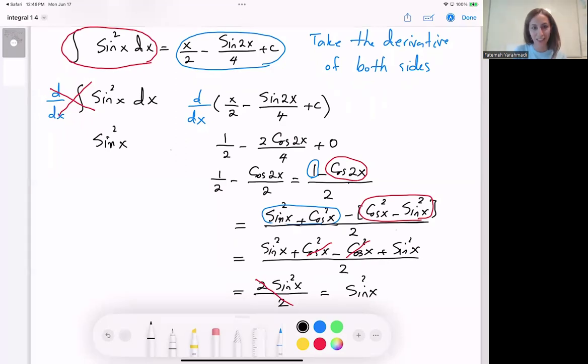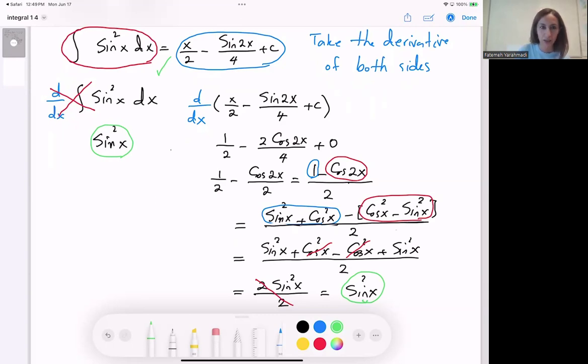Sine squared of x on the left is equal to sine squared of x on the right. So we just verified that the integral of sine squared of x dx is x divided by 2 minus sine 2x divided by 4 plus constant of integration.